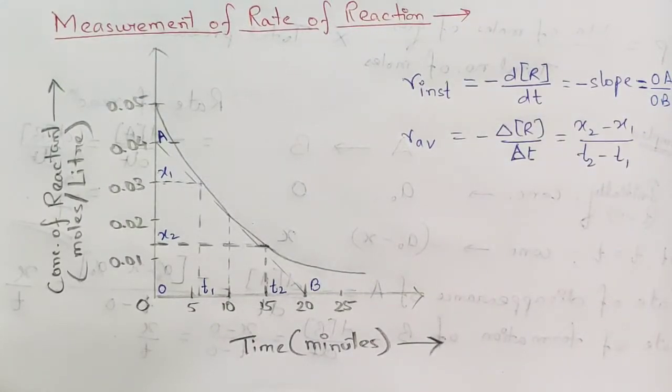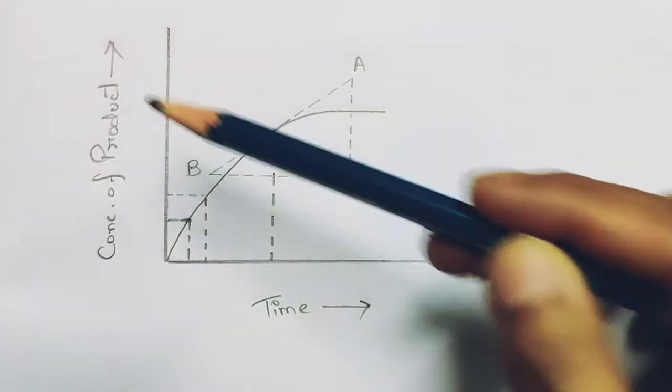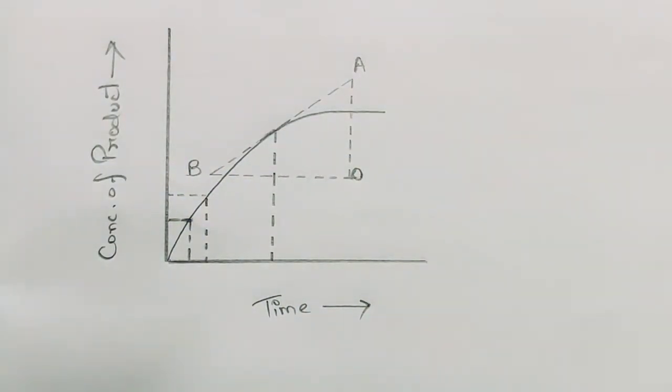Now if we want to calculate the rates from the plot of concentration of a product versus time, here it was the concentration of reactant. If we want to plot the graph from the concentration of the product versus time, then we will plot it in this way. Look at this. This is the plot of the concentration of a product versus time. Now we know that for the product, initially its concentration is 0, right?